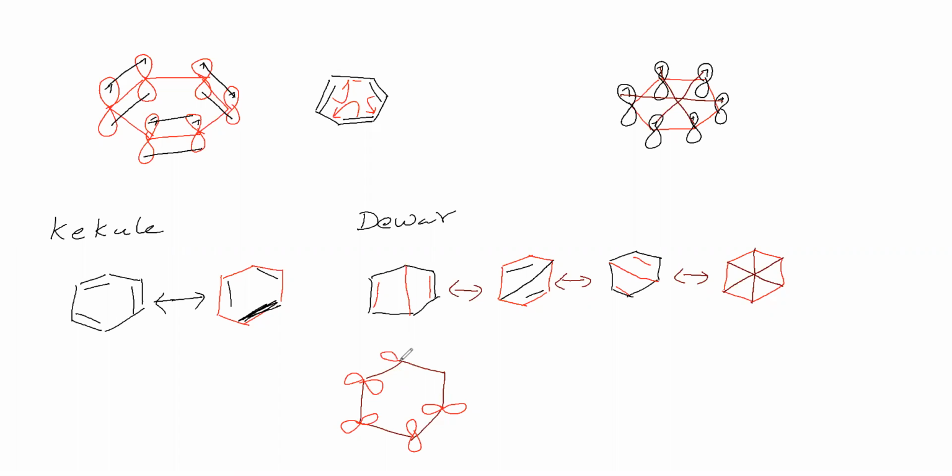Each 2p orbital contains one unpaired electron.